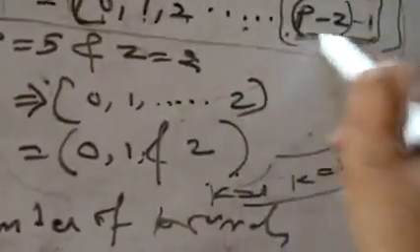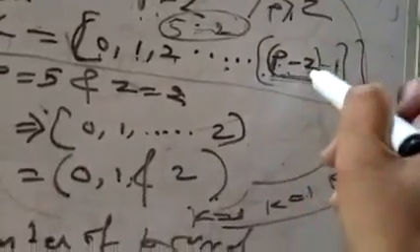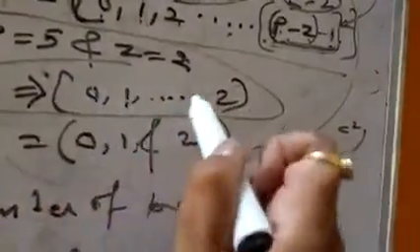Last point is p minus z minus 1. Here p is equal to 5, z is equal to 2, that means it is 3. 3 minus 1 is 2. What is the value of k? K is equal to 0, 1 and 2. That means there are only 3 values of k.